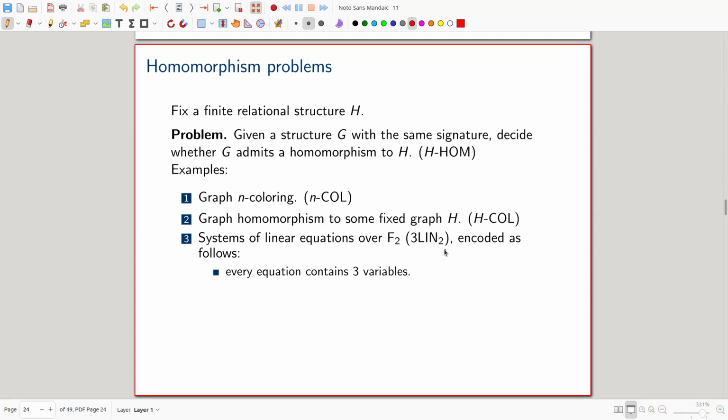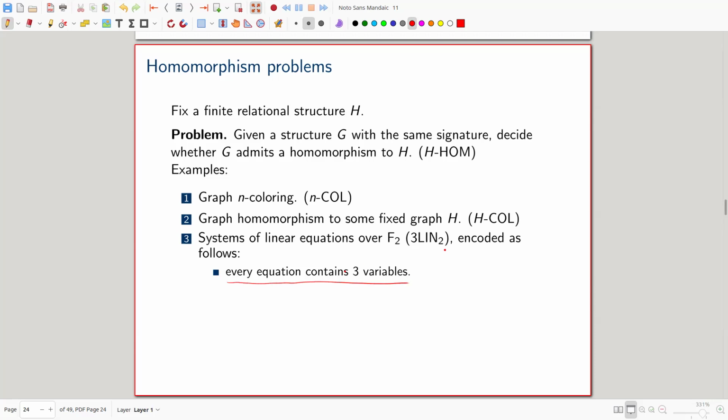You can encode it in some homomorphism problem. It's not completely clear how to do that, but it's possible. So first of all, you replace every equation using dummy variables.